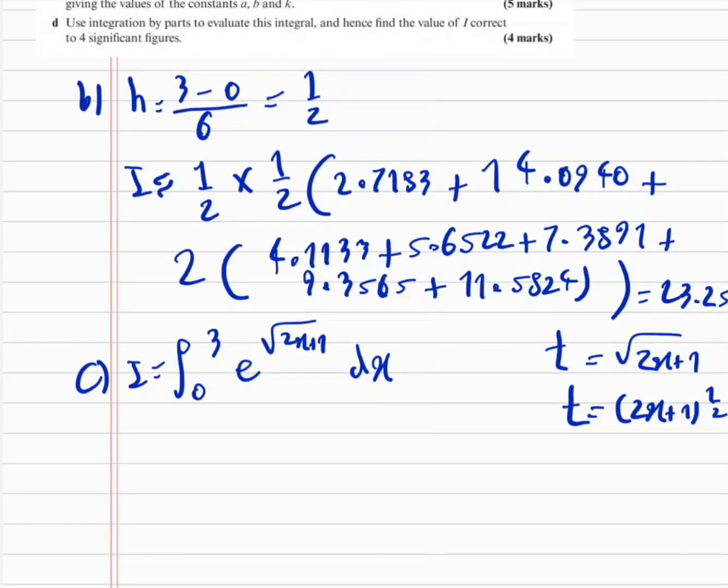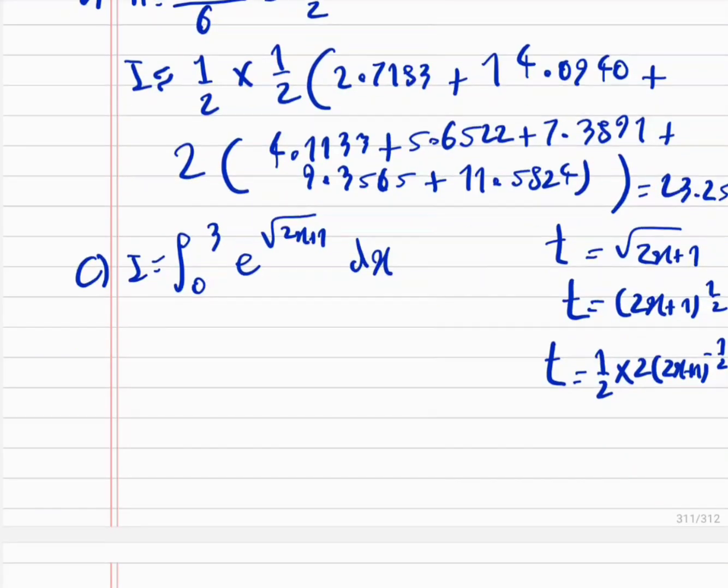And now let's just differentiate this, which is a chain rule in this case. So we get half times 2 and then 2x plus 1 to the power of minus half, and this is equal to dt by dx.